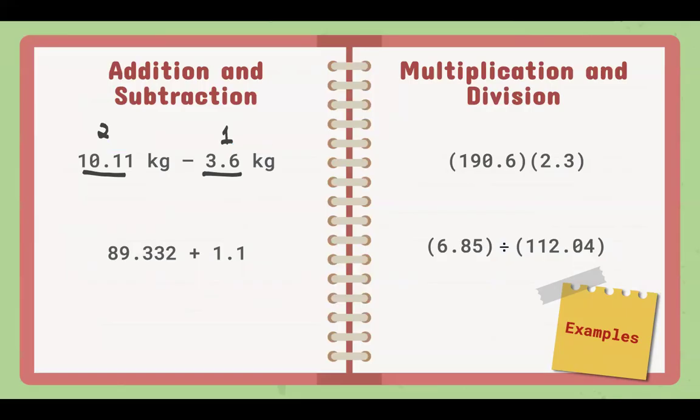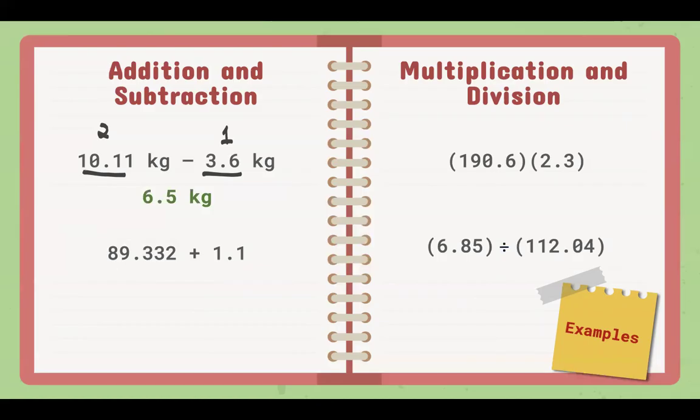So our final answer should be 6.5 only, not 6.51 from your calculator. You get that? So if you are following the rules on significant figures, we have to follow the fewest decimal places for addition and subtraction.